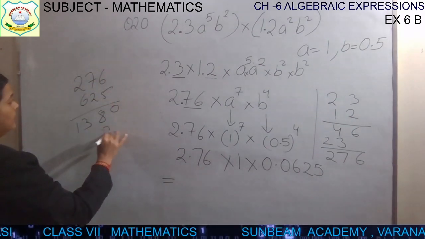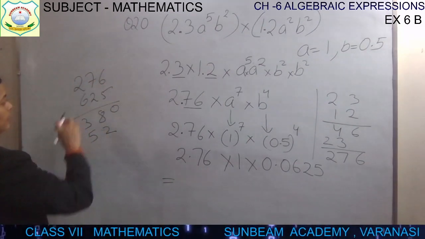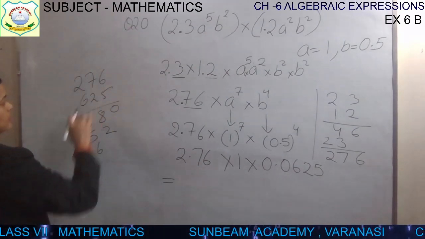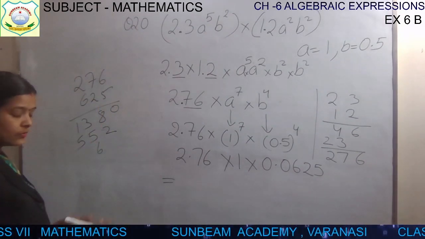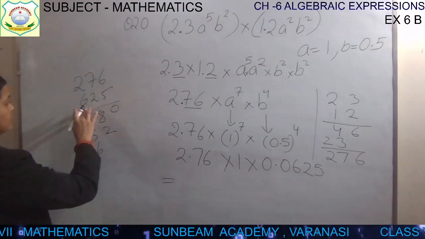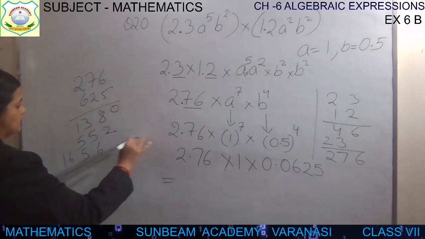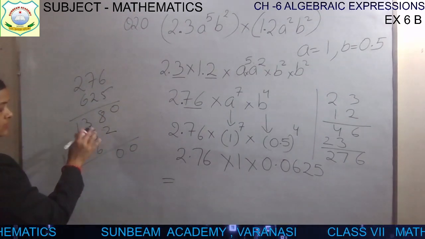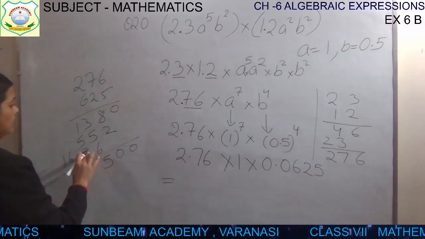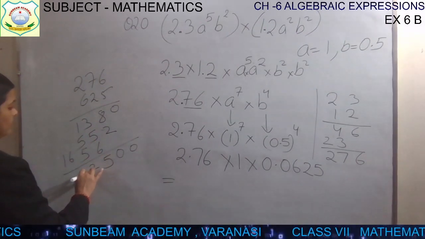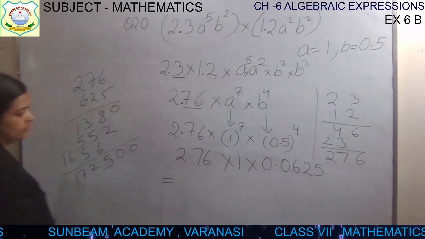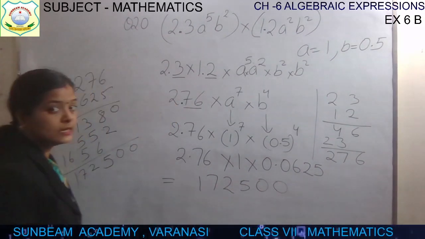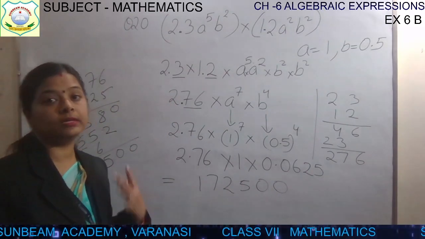Then 6 2s are 12, 7 2s are 14, 1 is 15, 2 2s are 4, 1 is 5, 6 6s are 36, 6 7s are 42 plus 3, 45, 4 is left, 6 2s are 12 and 4 is 16. Then the sum: 0 0 5, 1 carry, 6 plus 3 is 9, 1 is 10, 15, then 12, then 7 and 1. 172500. This will be the answer when you multiply only number with number.